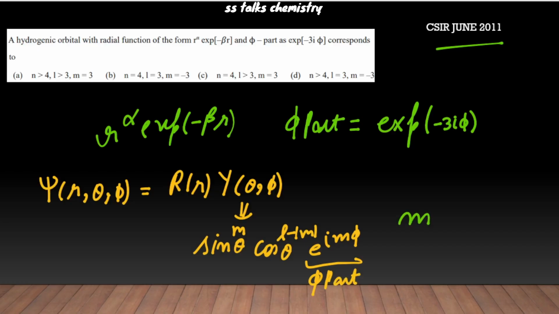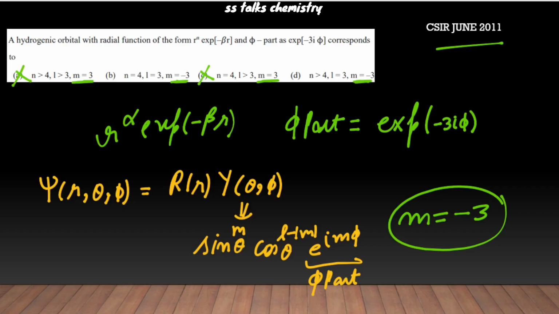Correlating both of these, we get the m value as minus 3. Based upon this, if I see the options, the first is saying m is 3, it can't be the one. C is saying m is 3, again this can't be there. D is saying m is minus 3, so this we can take into consideration.